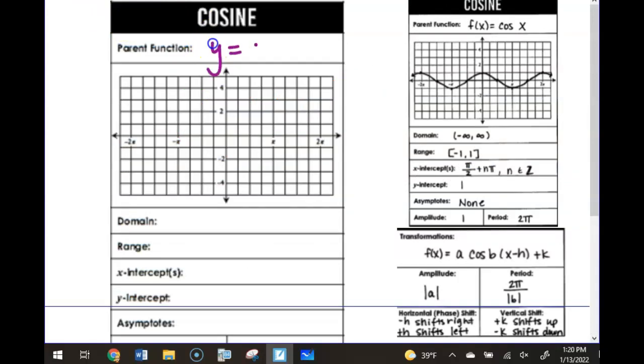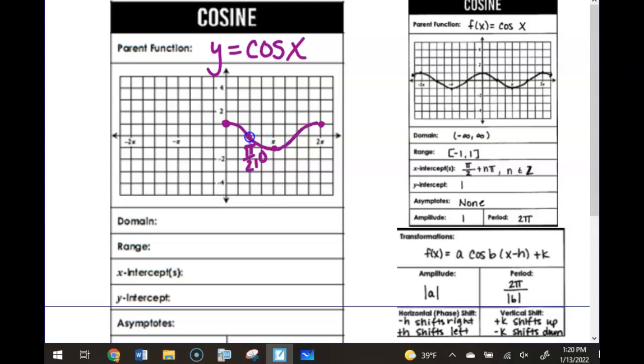Cosine, what was the difference with cosine, guys? It's exactly the same except it started where? At the maximum. So it starts here, and it does not go back there until 2 pi. Halfway in between, it's at the minimum. So it's crossing the x-axis at pi over 2.